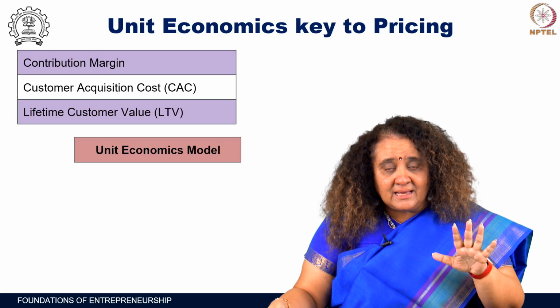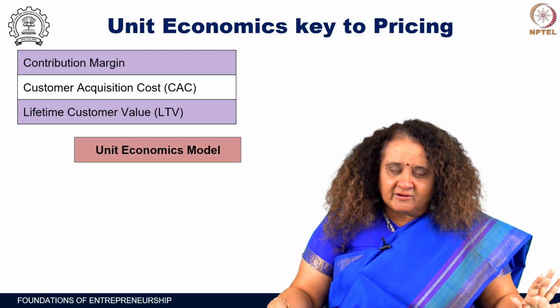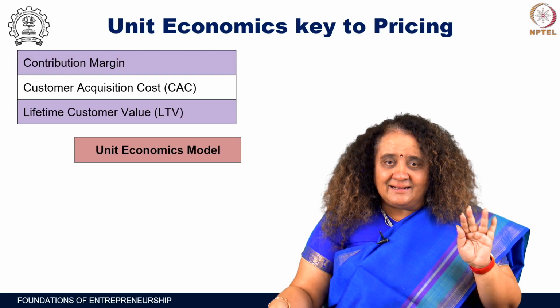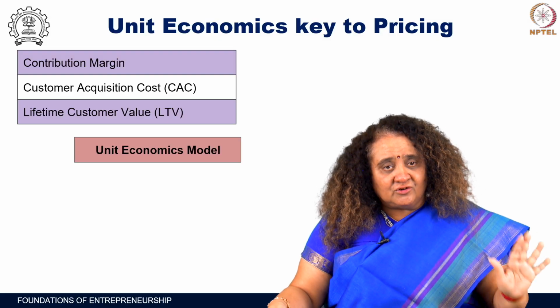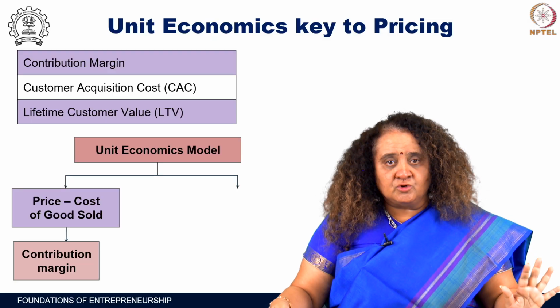And just to explain this in more detail, the unit economics model says that firstly, a company has to make money at the contribution margin, which means it should not be zero profit. It should make money at least on the cost of goods sold. So, price minus cost of goods sold is the contribution margin.